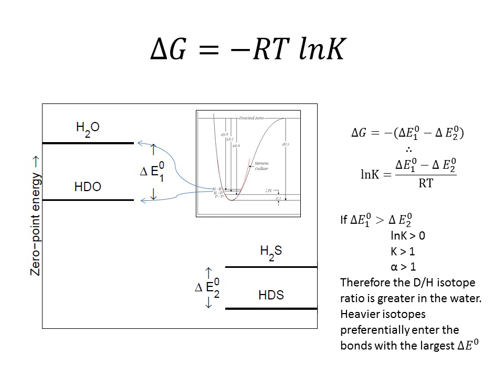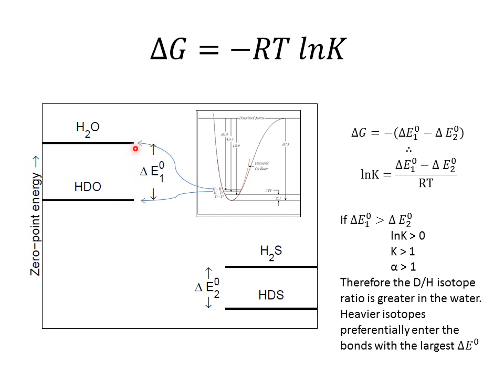So as a rule, the heavier isotopes go into the phase, the chemical species, that has the biggest change in energy.